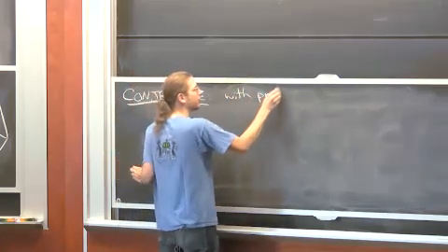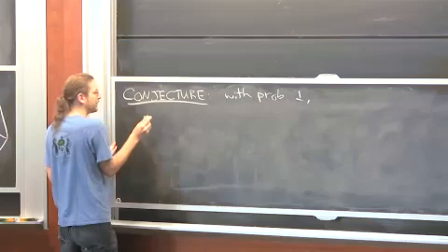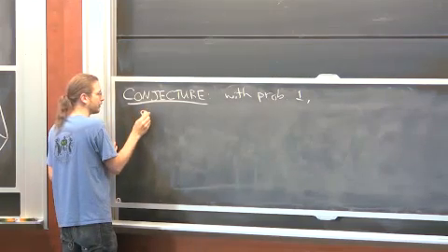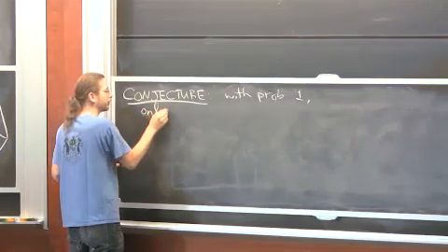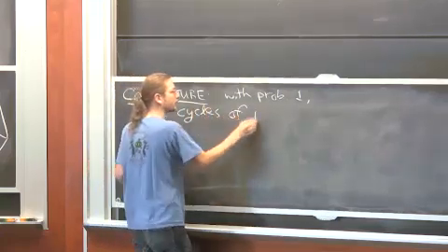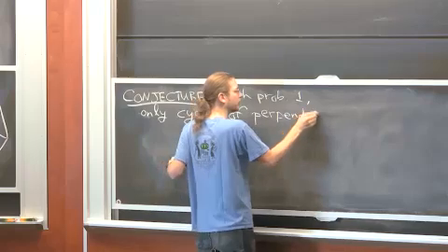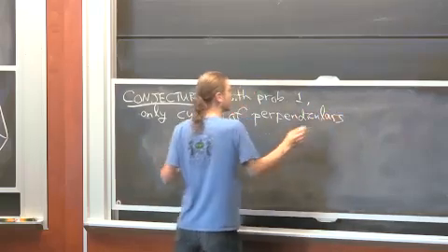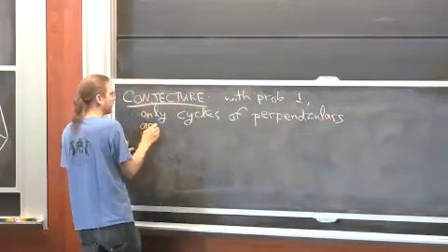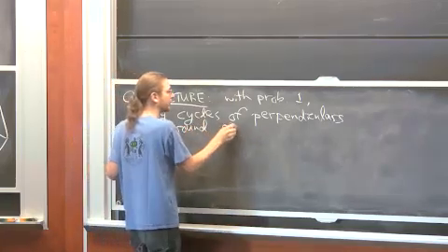With probability 1, if you randomly perturb the vertices slightly, the only cycles of perpendiculars that you get are around a single vertex.